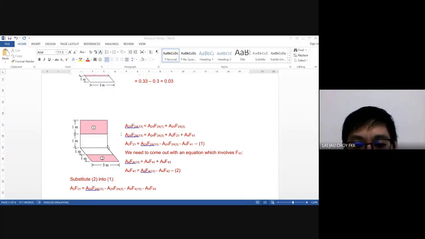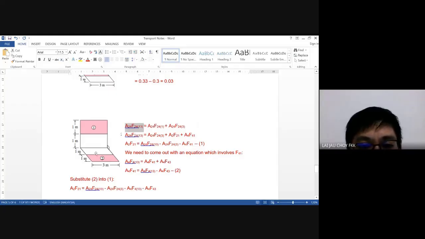This is what we call, what rule is that? I always forget. Superposition rule. Okay, we use the superposition rule. Let's check. Out of these 3, F2413, can we get it from the chart?